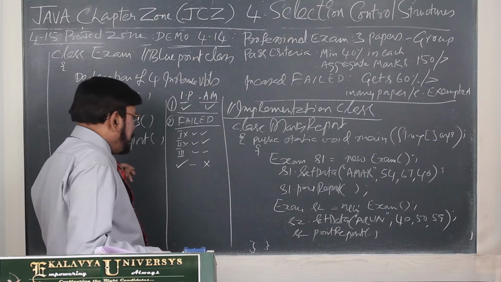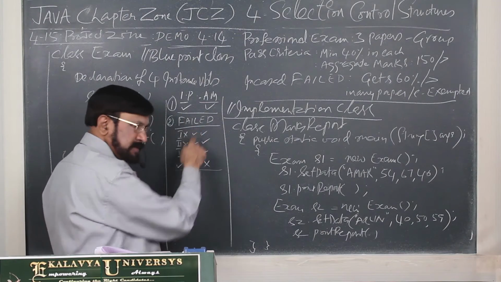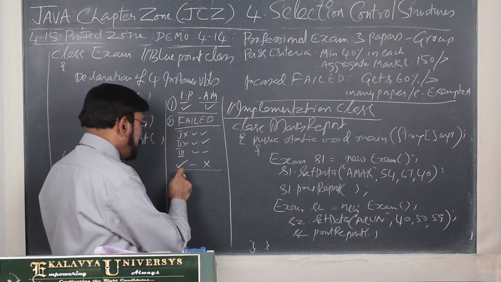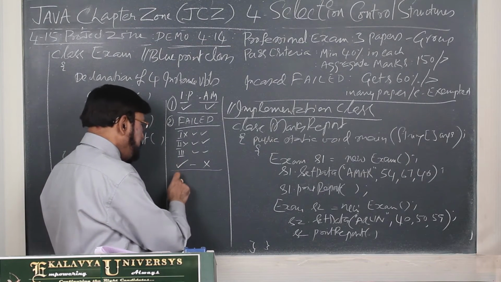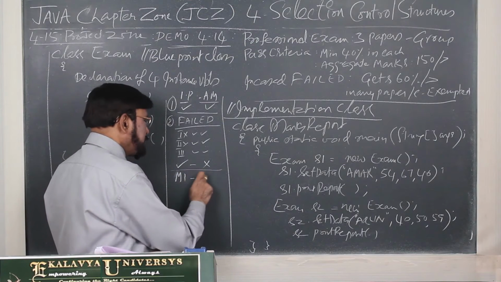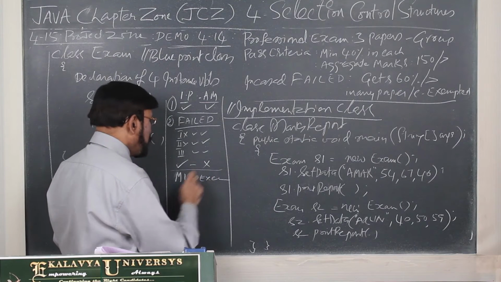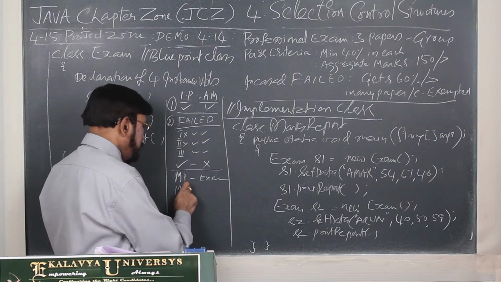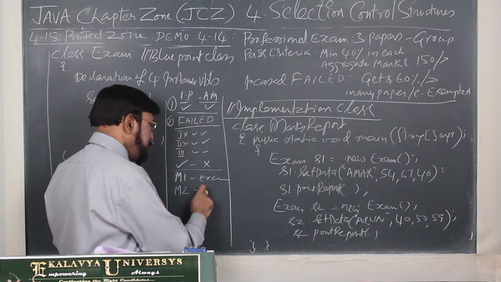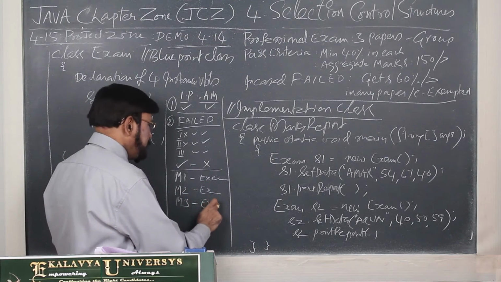5th category, he failed because of one of these conditions, and paper 1, that is what you call marks 1, is exempted because he got 60% or more. Again, marks 2 is exempted. Marks 3 is exempted.